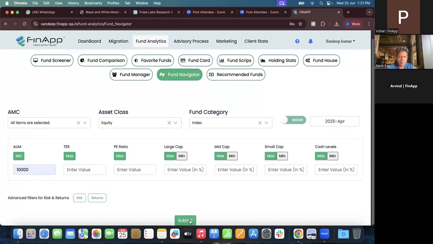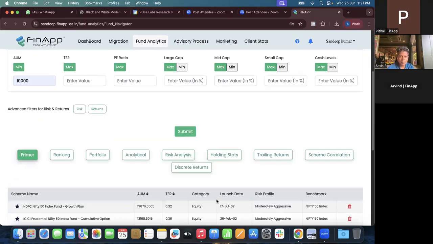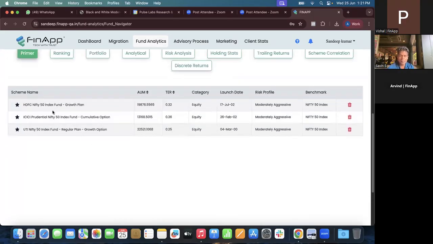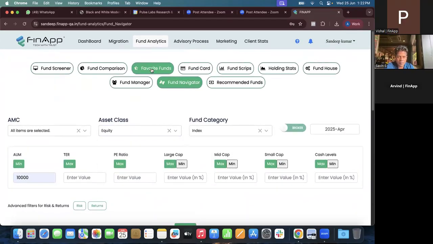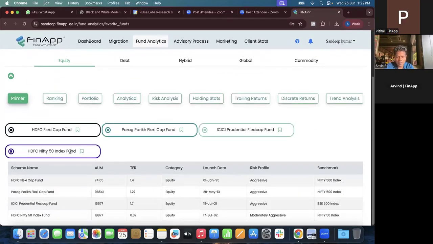What I did, I have chosen index as a category. There is one fund called Nifty 50 Index Fund, which is probably that or UTI. So I'll just take Nifty 50. I've added it into my favorite funds. So now I've got an index fund, which is a replica of what the index would have given as return.